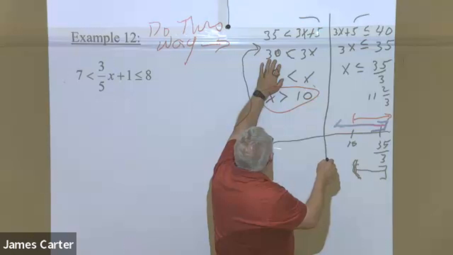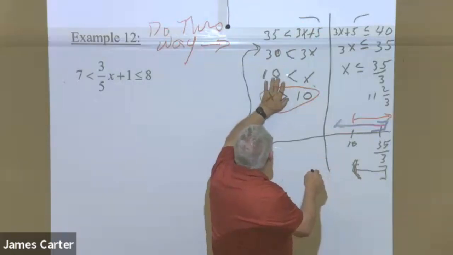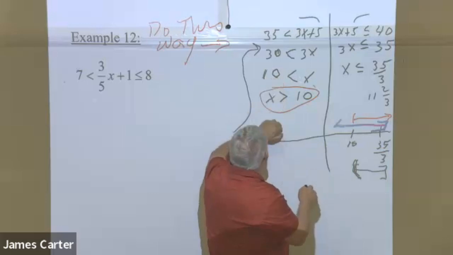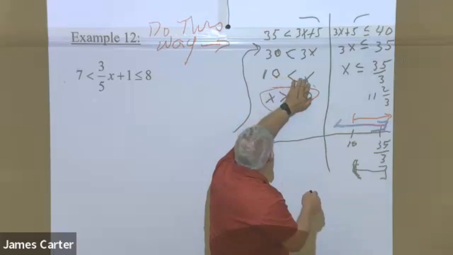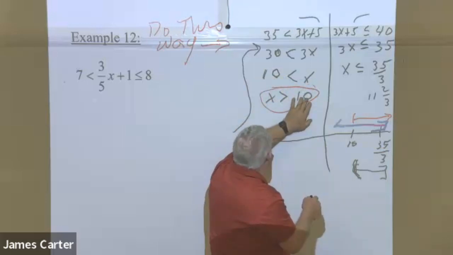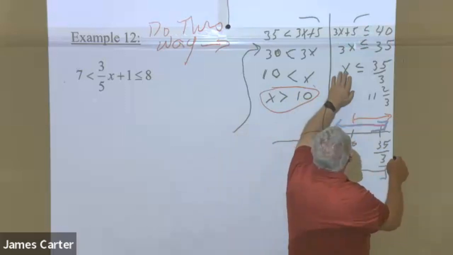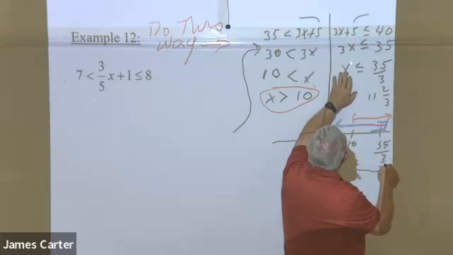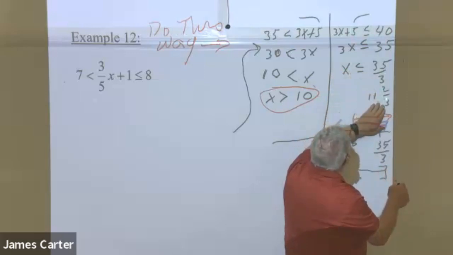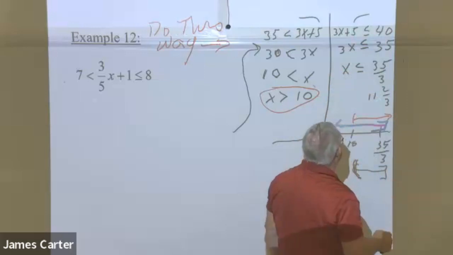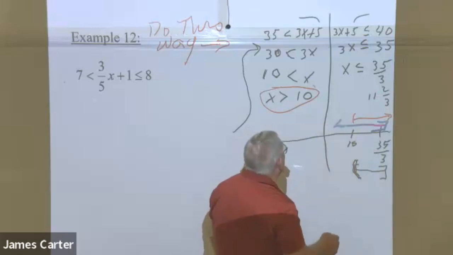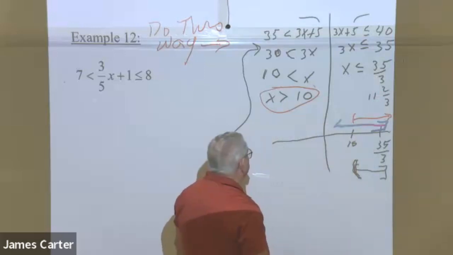Now subtract 5 on both sides. Divide both sides by 3. And I can write this 10 is less than x, or x is greater than 10. Over here, take the 5 on the other side, divide by 3, and you get 11 2/3, or 35/3.